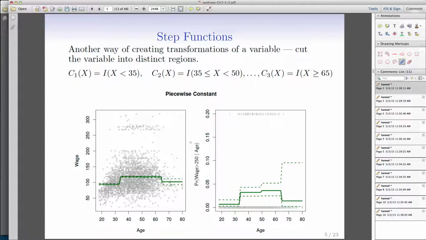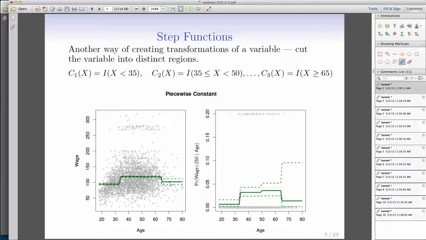The easiest way to do that, and perhaps not the most genius one and not the most applied one, is called step functions. In the step functions model, what we do is simple. We just divide our data into different groups, and within each group we estimate the outcome for that group.